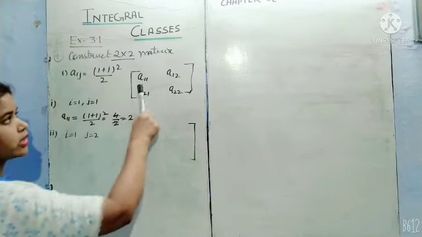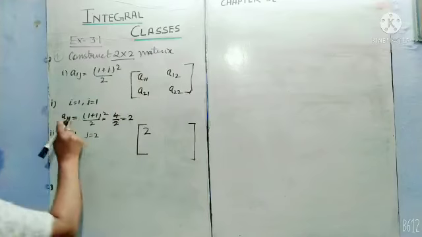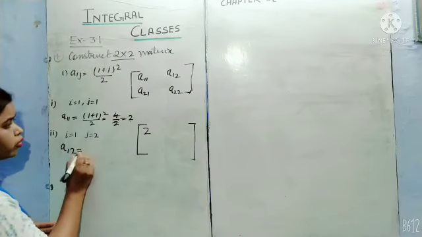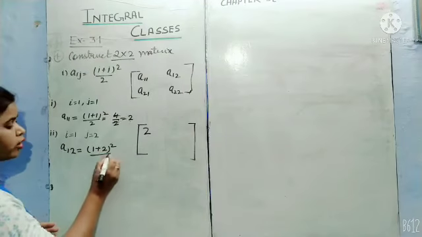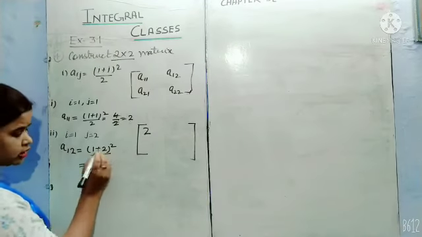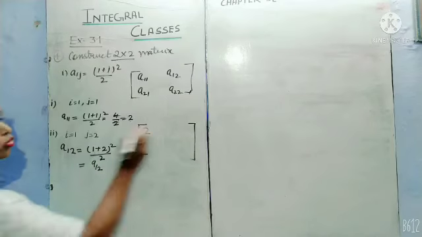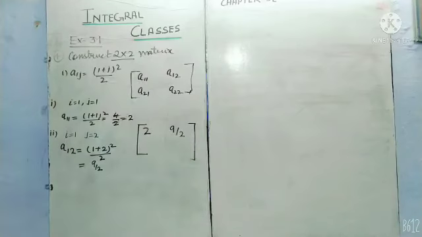It means we consider the first row and second column. So now put in, it becomes A12 equal to (1 plus 2) whole square by 2. Then we get 3 square 9 by 2. So the answer is A12 equal to 9 by 2.